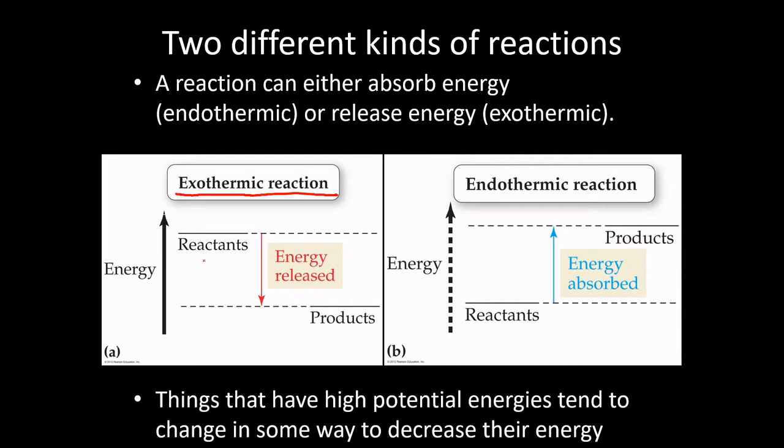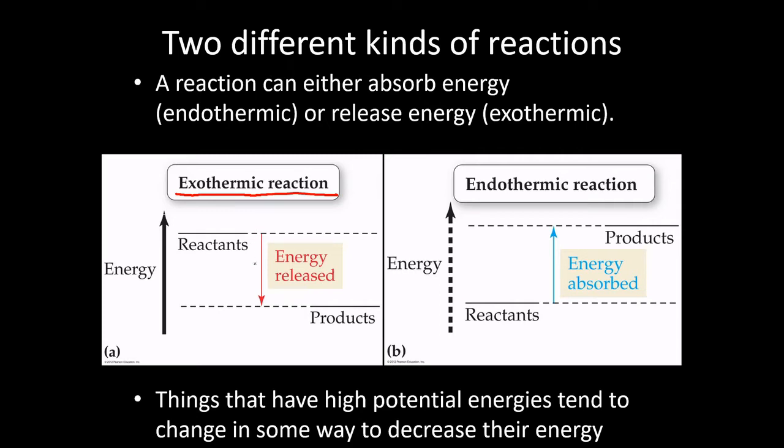So what's happening there is we have our reactant molecules. They undergo the chemical reaction, and the products that are made are at a lower energy than the reactants were. They have a lower chemical potential energy.